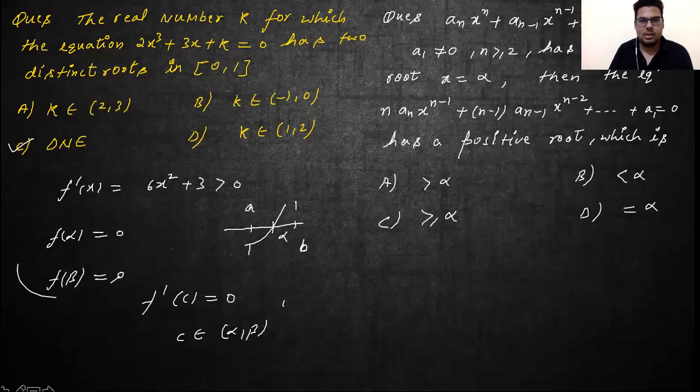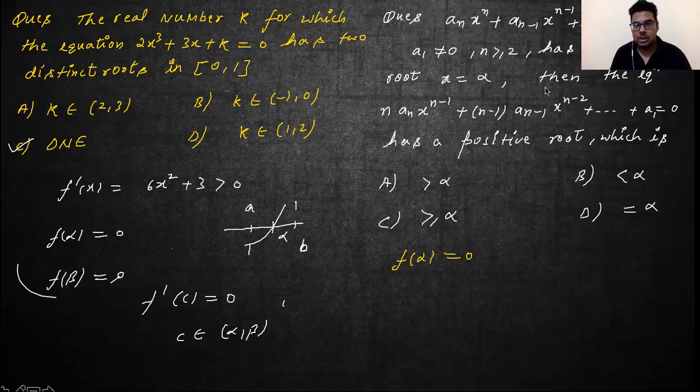So in this case, the important thing to observe is basically, let us assume this function is f(x). So f(alpha) equals 0, that is given to us, and this is the derivative of this function, f dash x.